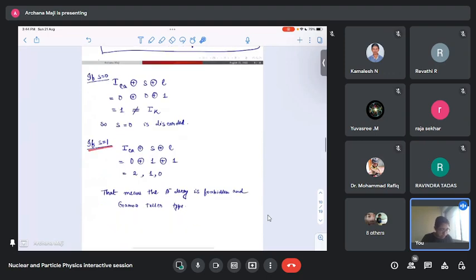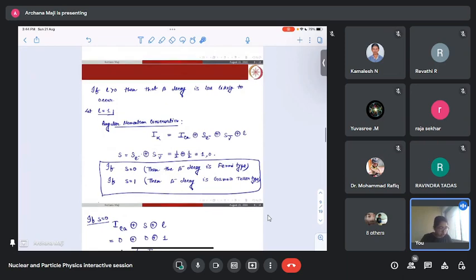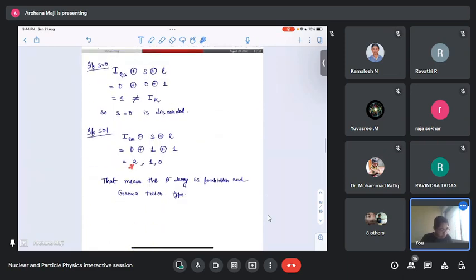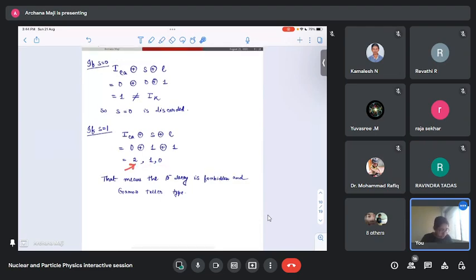And if we consider S to be 1, then we can see that the right hand side gives value 2 as well. So value 2 is there, that is what we are concerned about. So that means here beta decay is forbidden and gamma Taylor type.